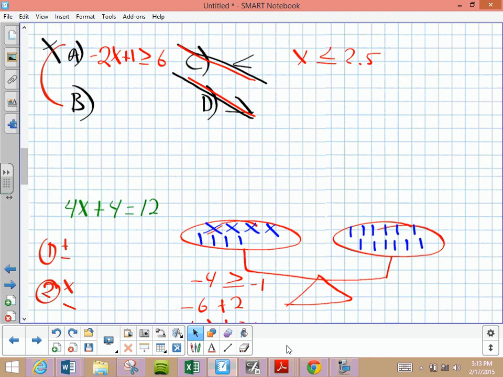No, just work it out, right? What if I ask you, what is the first step in your process? Subtract the numbers, or subtract or add the different numbers. Yes, that's what I wanted to hear. Subtract 4 from both sides. That's it.